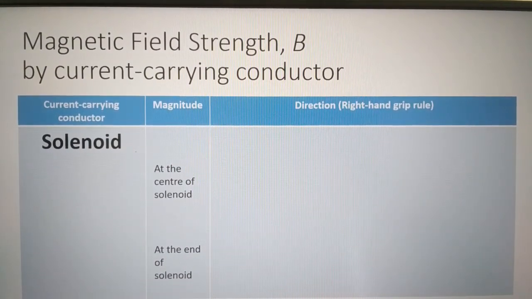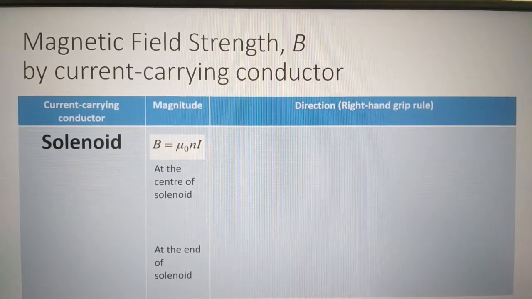So the next one is solenoid. Magnetic field strength produced by a solenoid. How to find the magnitude of the magnetic field strength at the center of the solenoid? This is the formula: B equals mu naught n I. And what is this n? Please remember this: n, small n, is the number of turns per unit length.